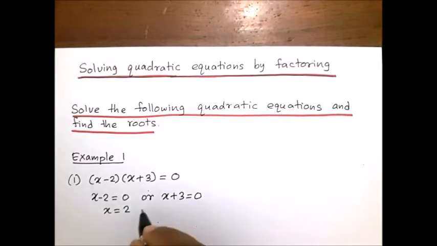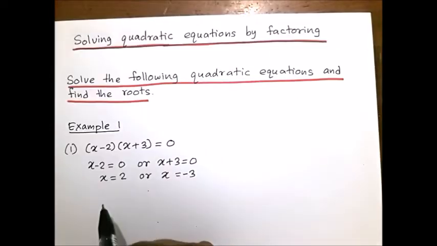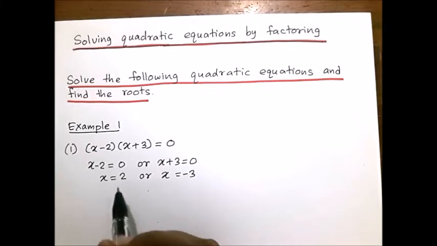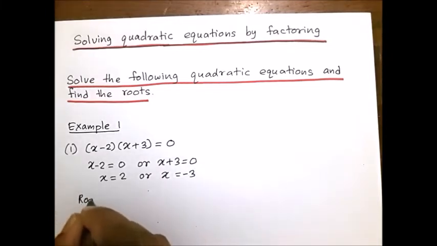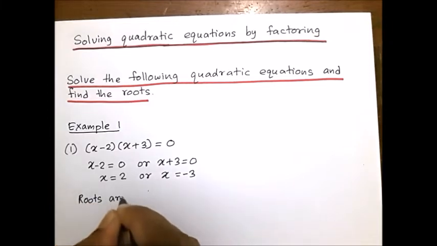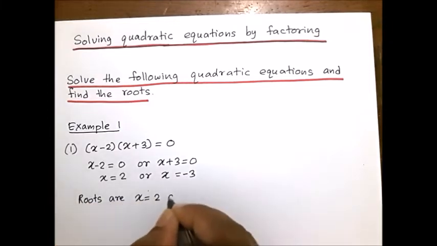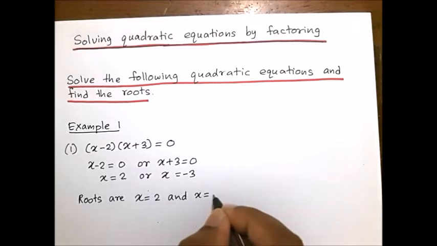Minus 2 becomes plus 2. Here plus 3, take into the right hand side, it becomes minus 3. X equals 2 or x equals minus 3. We call these the roots of this equation. So write the answer. Roots are x equal 2 and x equals minus 3.